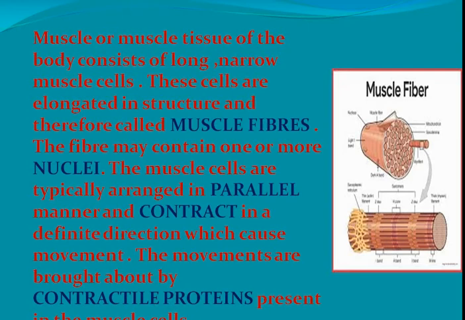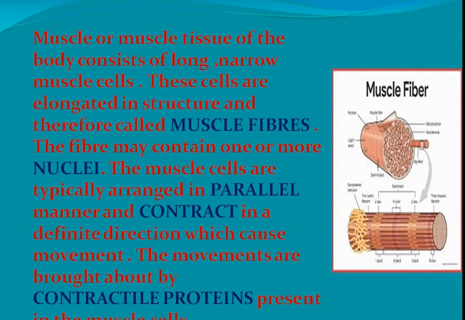These muscle cells are elongated, long in structure, and therefore they are called muscle fibers. There are different types of muscle fibers, and these muscle fibers may contain one or more nuclei.